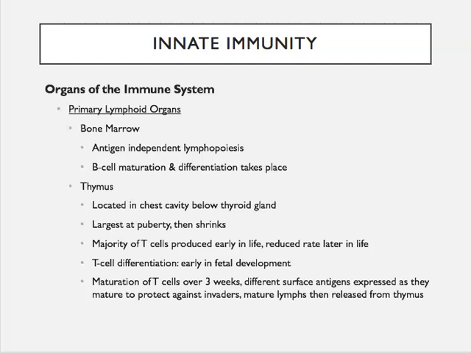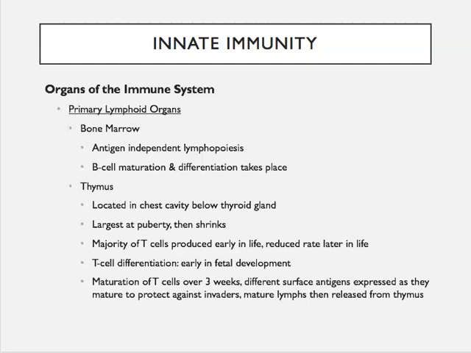So your primary lymphoid organs, again, your bone marrow, which is involved in antigen independent lymphopoiesis, and B cell maturation and differentiation takes place here. And then the thymus, which is located in the chest cavity below your thyroid gland, is the largest at puberty, then it's going to shrink after that.